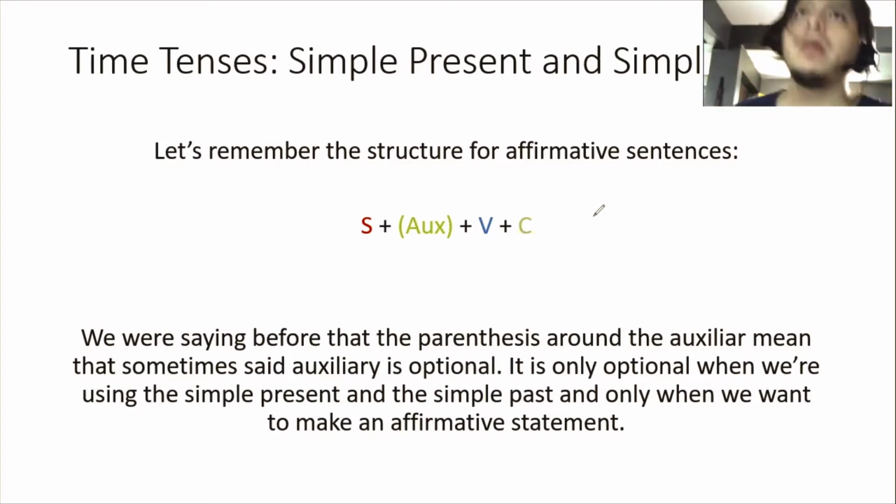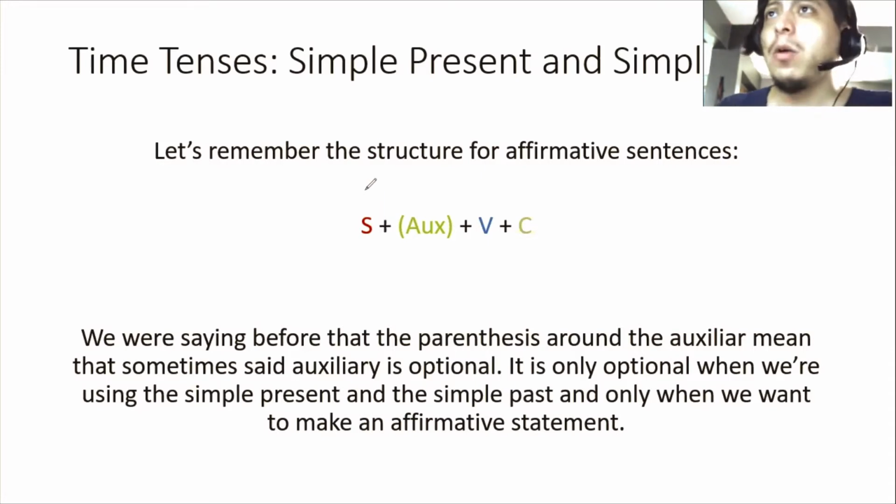Okay, so when you're making an affirmative statement, you always start with the subject, the auxiliary, the verb, and the complement. I hope you remember this. This is the structure for every sentence in English, any time tense, yeah? Except in the simple present and in the simple past, the auxiliary is not used in affirmative statements.